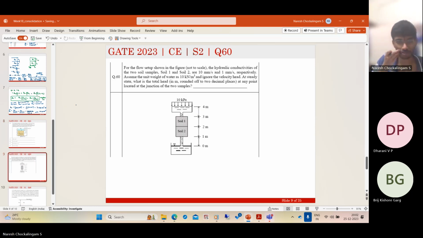So we are given a flow setup shown in the figure. The hydraulic conductivities of the two soils are given, right? This is soil 1 and soil 2. As usual, they are given. Assume the unit weight of water as 10 kilonewton per meter cube and ignore the velocity.